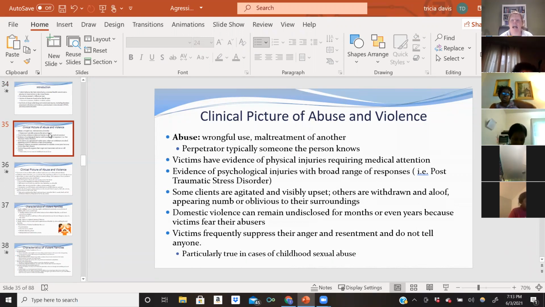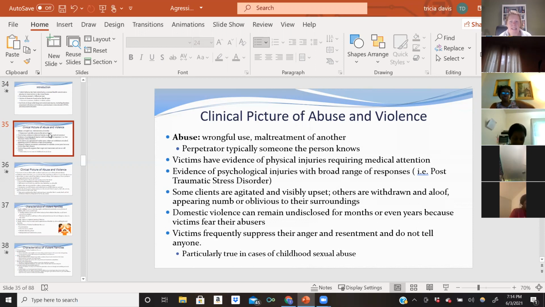Evidence of psychological injuries also, so not just physical. They're going to have a broad range of responses. An example would be post-traumatic stress disorder, anxiety, depression. So abuse is not just physical, it is also psychological.